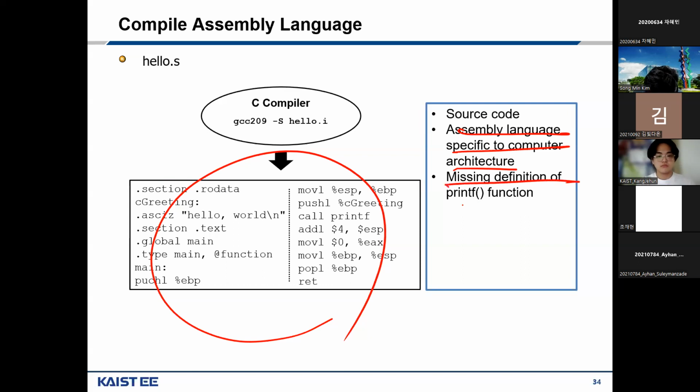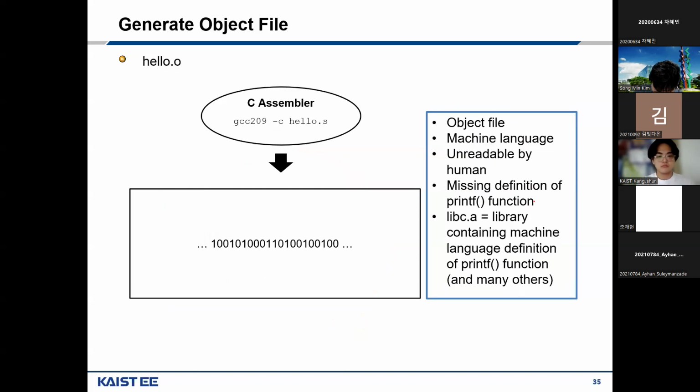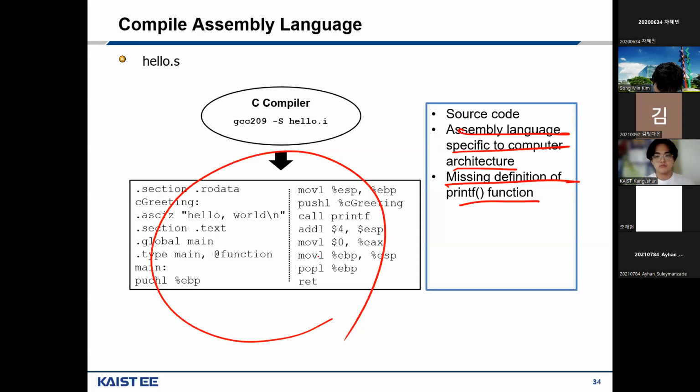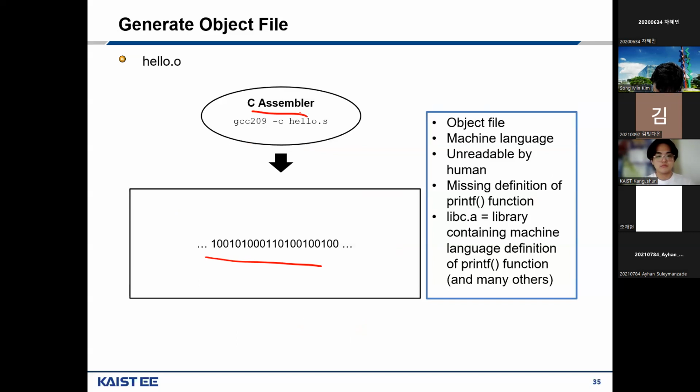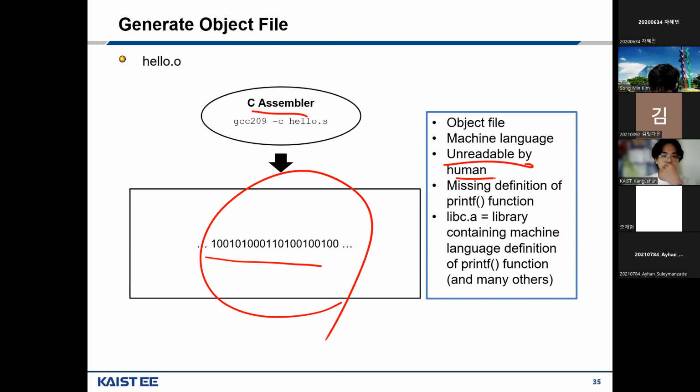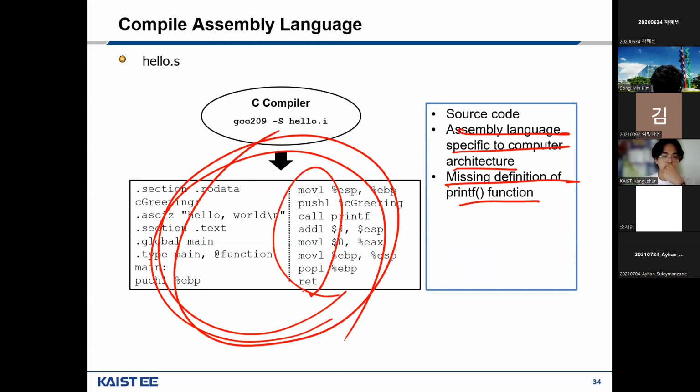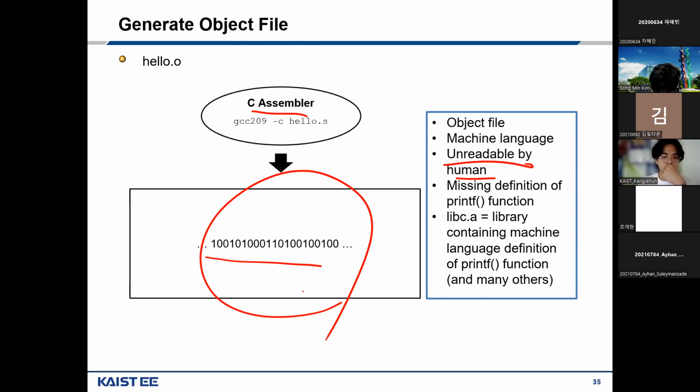But it's still missing the printf function. And the assembler changes assembly code to machine code, binary code. Now it's unreadable by humans. It's readable here at least, but it's called machine code. Still missing the printf function.